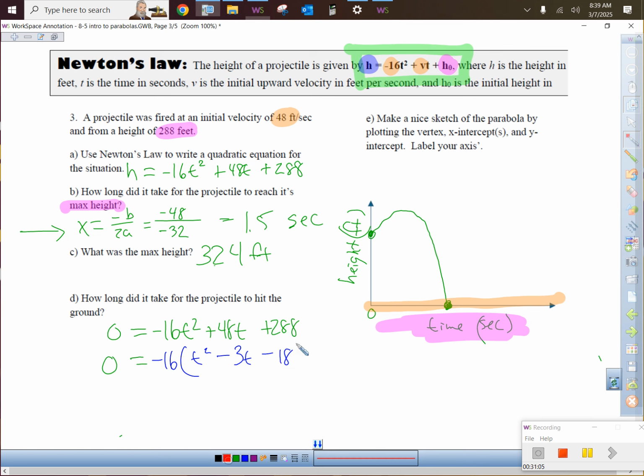So what I love is it was a nasty little problem, and now it's an easy one because there's a 1 in the a value in that scenario. So find two numbers that multiply together to be, not quite 18, they need to multiply together to be what? Negative 18. And add together to be negative 3.